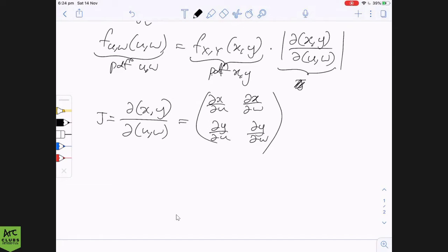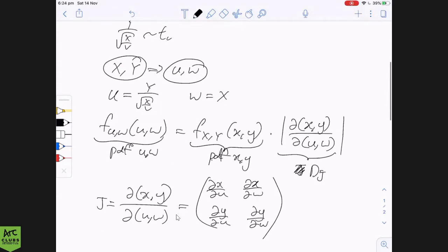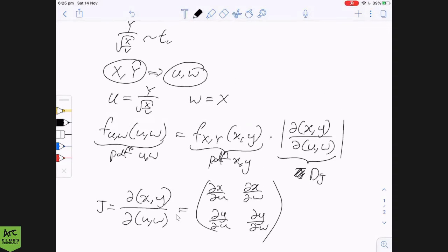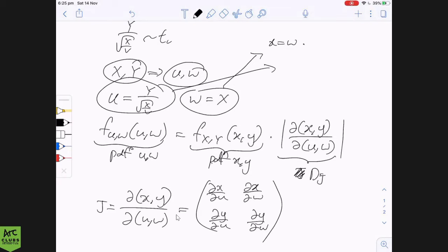We actually want to find the determinant of this and take the absolute value. In order to do that, we need to make X and Y the subject. Making X the subject is easy: X equals W. And making Y the subject, you get Y equals U times the square root of X over v, which is U times the square root of W over v.